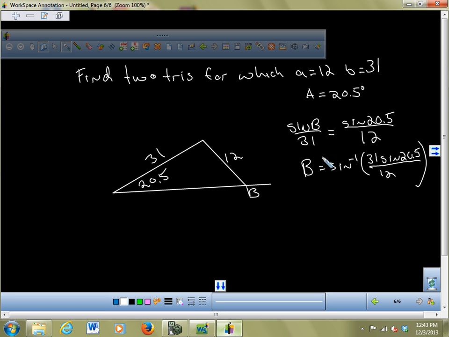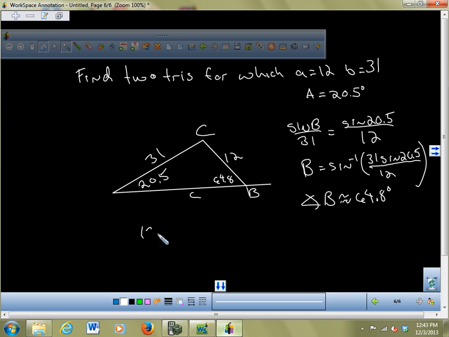And so all I have to do is stick that whole thing in my calculator in one chunk. If I did that, I'm not going to do it in the interest of time and people falling asleep. So angle B is about equal to 64.8 degrees. If this angle is 64.8, I'm not quite done yet because I still have to find this side over here, right? So I still have to find side C. How do I find angle C?